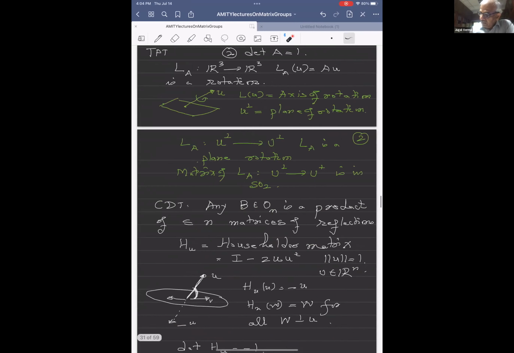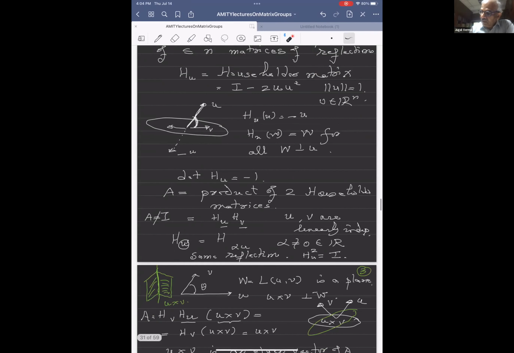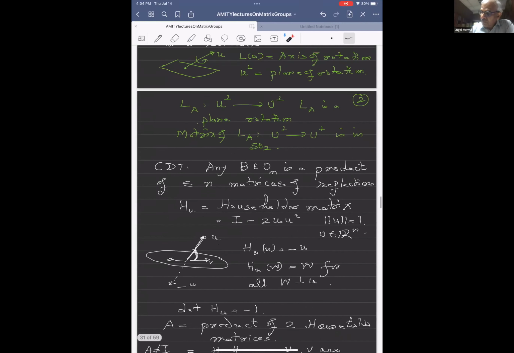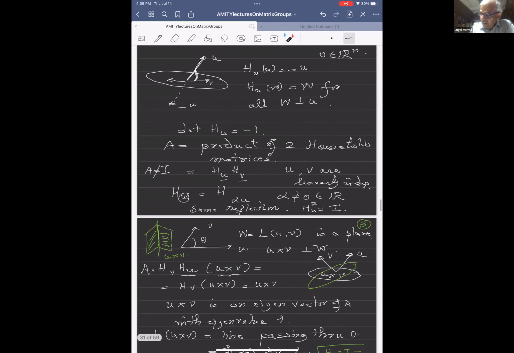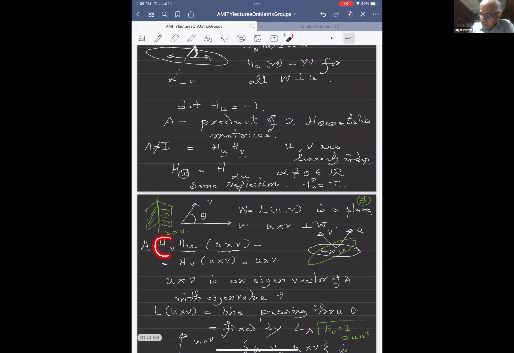And of course, we did the computation of the composition of two Householder matrices. I take one Householder matrix, the matrix of reflection with respect to a plane perpendicular to U, and then another similar Householder matrix of reflection with respect to a plane perpendicular to V. When I multiply these two matrices, it is an orthogonal matrix of determinant 1.